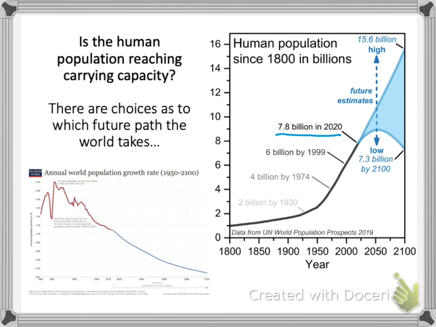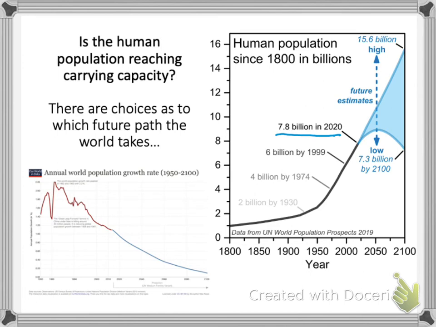Now, in the future, that could continue. In about 80 years, we could be at 15, 16 billion people on this planet. Now, will the Earth be able to support that many individuals with a high quality of life?